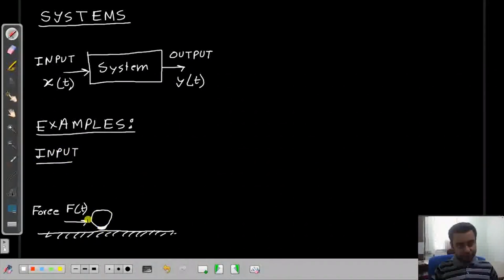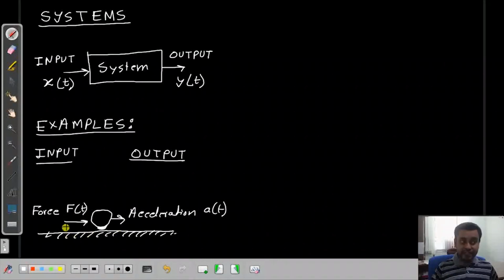As a result, this object will have some acceleration that we can consider as the output. Call this a of t. The relation between the input and output in this case is very simple. We know that f of t is equal to the mass times a of t. This is the output, this is the input.